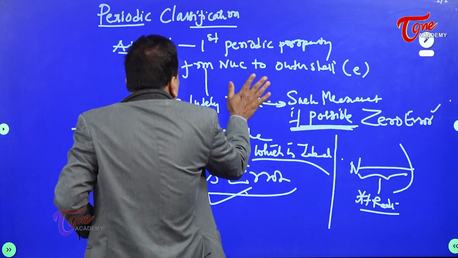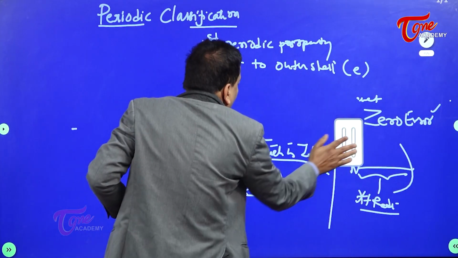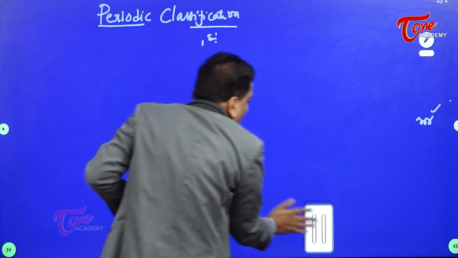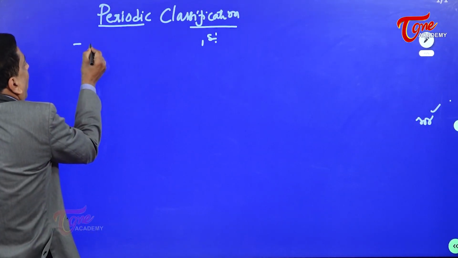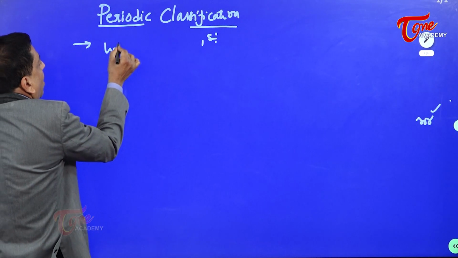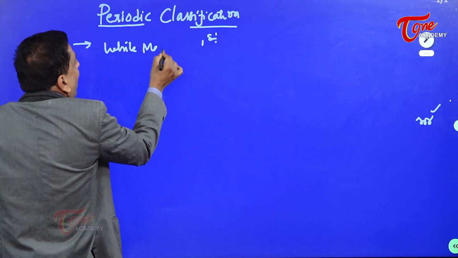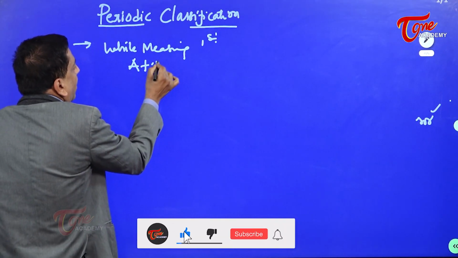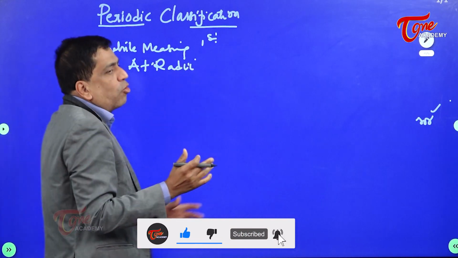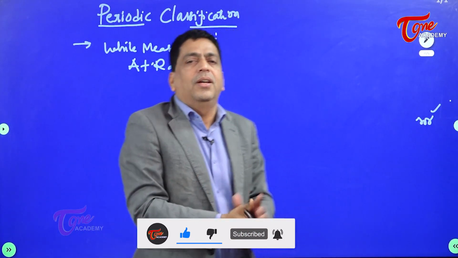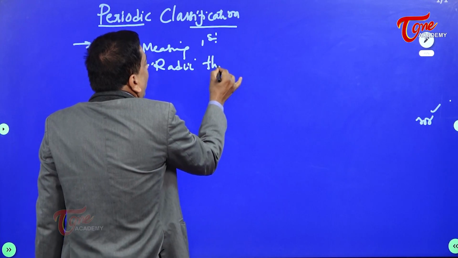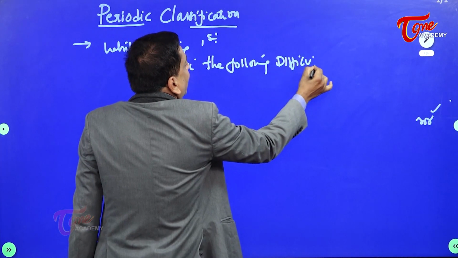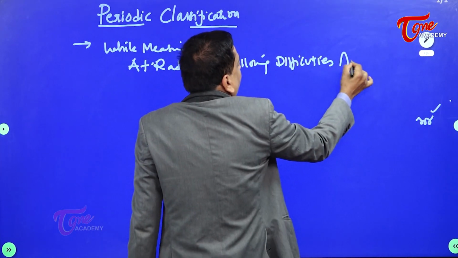So what I mean by all this is, while measuring atomic radii, the following difficulties arise.